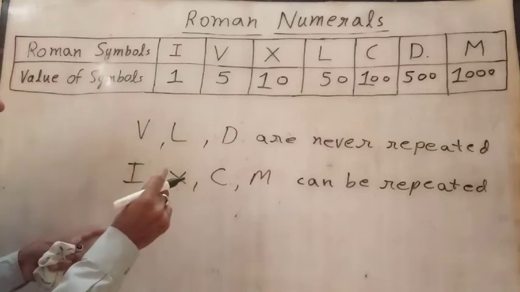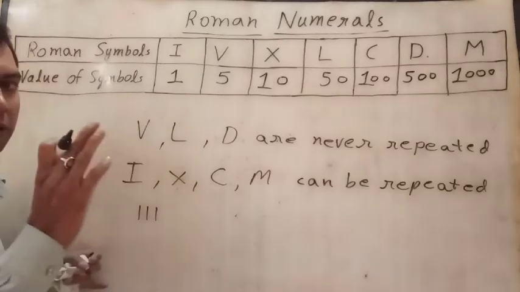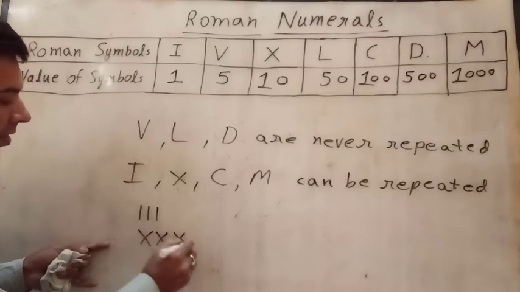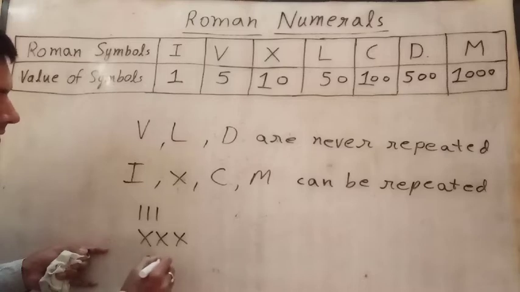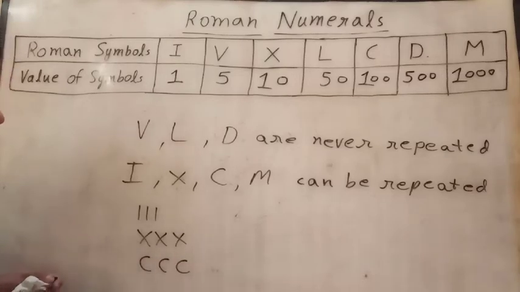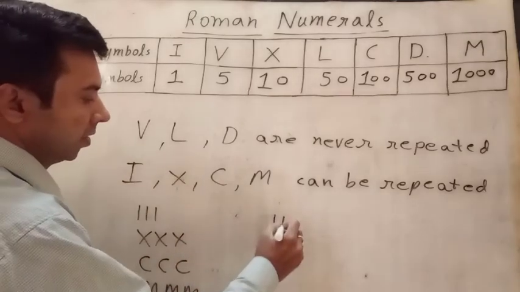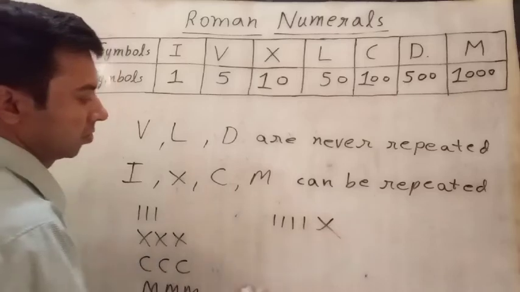See, X, X, X. C, C, C. M, M, M. If you repeat I 4 times, then it is wrong.